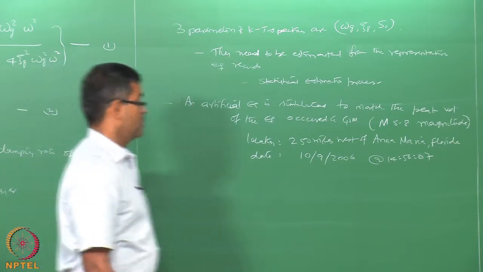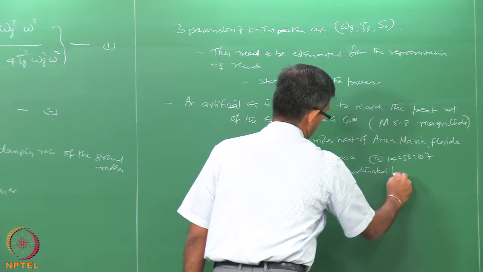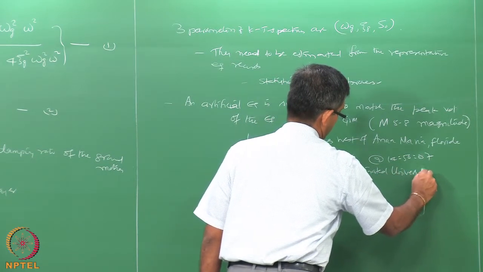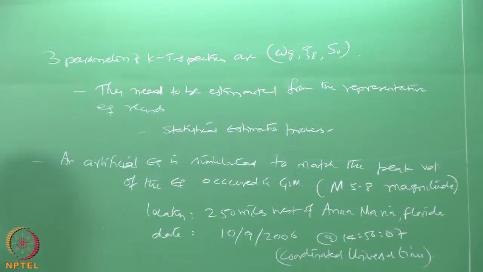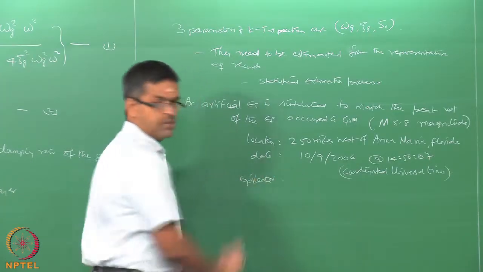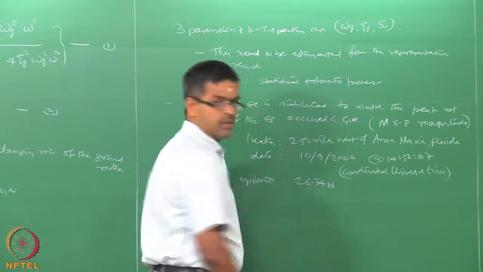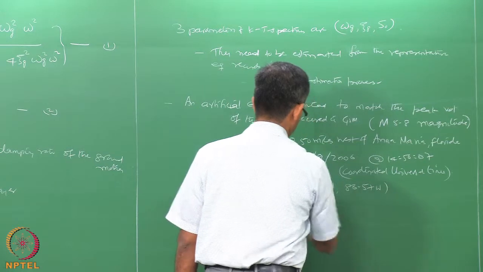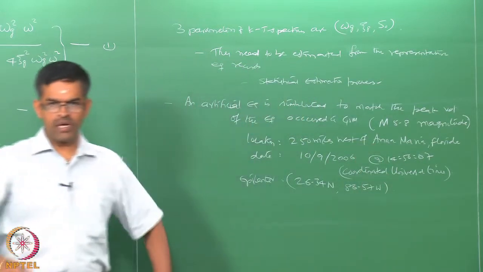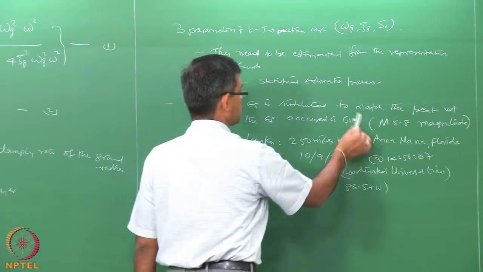This is coordinated universal time. The epicenter was at 26.34 north, 86.57 west. So, there is an earthquake which occurred in one of the locations where the platform is situated.